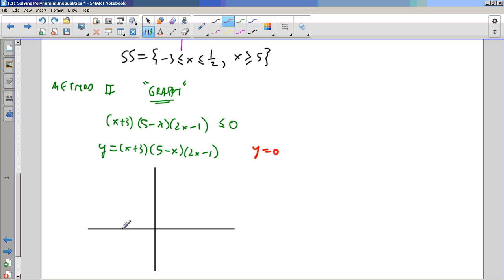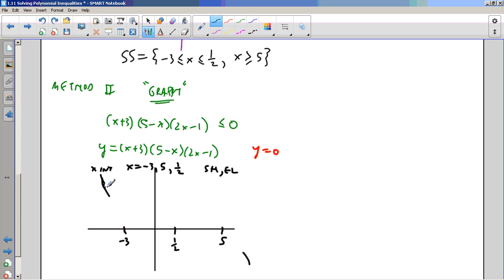The x-intercepts are, I'm going to make this in black here, negative 3, a half, and 5. Those are all x-intercepts, right? They're all single roots. They're all slash roots, if you want to call them that. And notice the leading coefficient is going to be negative, because this one factor is goofed up. So that means it starts high and ends low. And so this graph starts high and ends low.